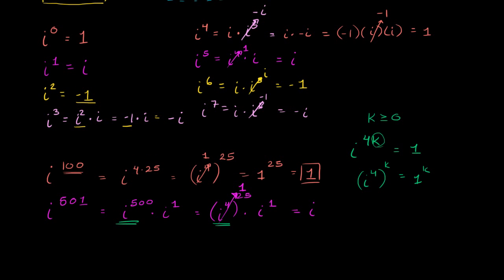So let's try that with a few more problems, just to make it clear that you can do really, really arbitrarily crazy things. So let's take i to the 7,321st power. Now, we just have to figure out, this is going to be some multiple of 4 plus something else. To do that, you could just look at it by sight that 7,320 is divisible by 4. You can verify that by hand, and then you have that 1 left over. And so this is going to be i to the 7,320 times i to the 1st power.